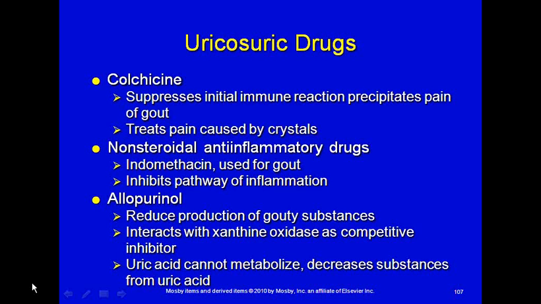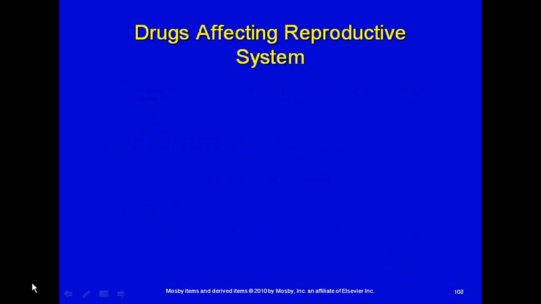Allopurinol reduces the production of uric acid. So the products of uric acid can't be metabolized when you take the allopurinol, and so it decreases the products of uric acid metabolism, which often cause the crystals and the pain.